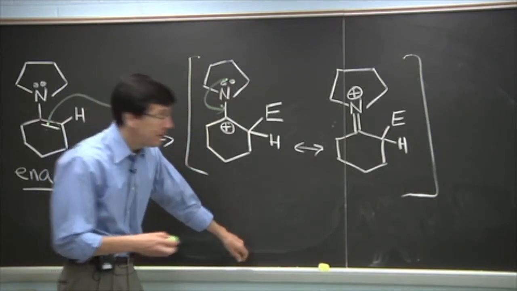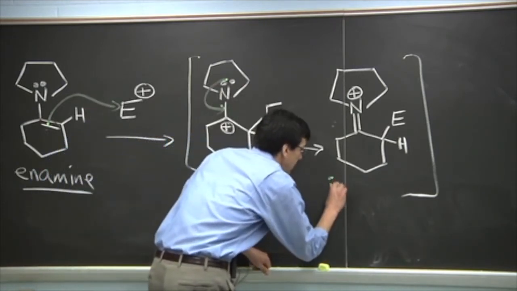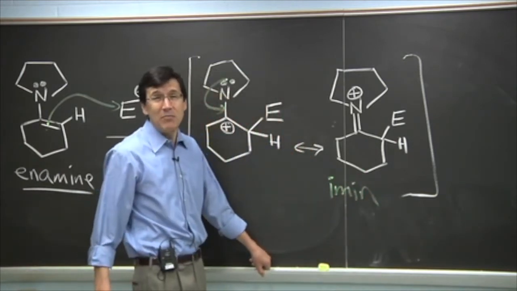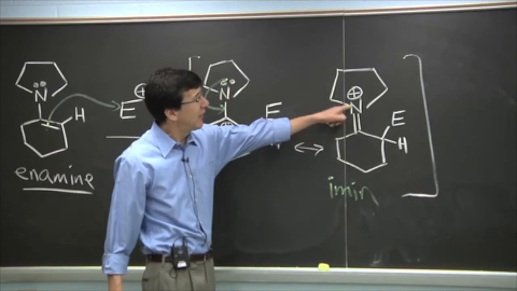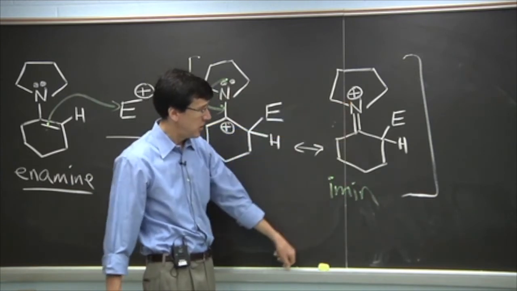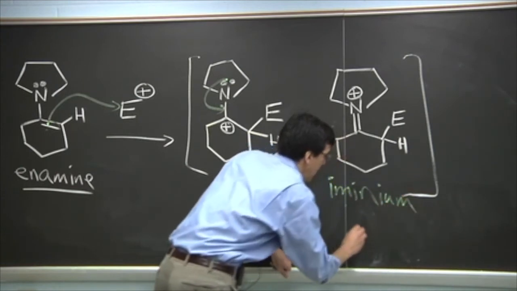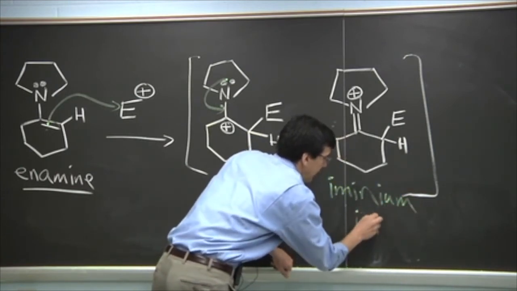It looks like an imine. An imine has a carbon-nitrogen double bond, except it's not an imine because there's this positive charge on the nitrogen. So we'll call this an iminium ion. It's a cation.